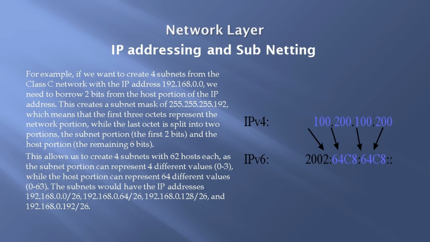This allows us to create 4 subnets with 62 hosts each, as the subnet portion can represent 4 different values, 0 to 3, while the host portion can represent 64 different values, 0 to 63.